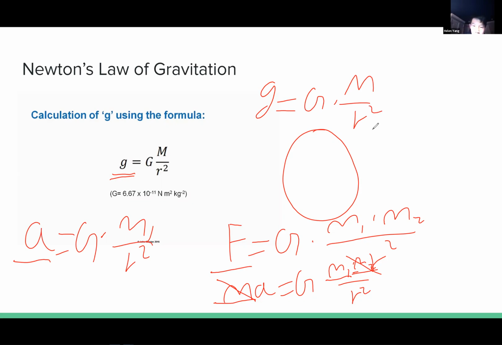For the moon, if you want to find the acceleration due to gravity, you would just plug in the value of G, the mass of the moon, and the R squared, which in this case would be the radius. You could also do the same for Earth. We know that for Earth, the acceleration due to gravity is 9.8, and you can prove that by plugging everything into the equation.